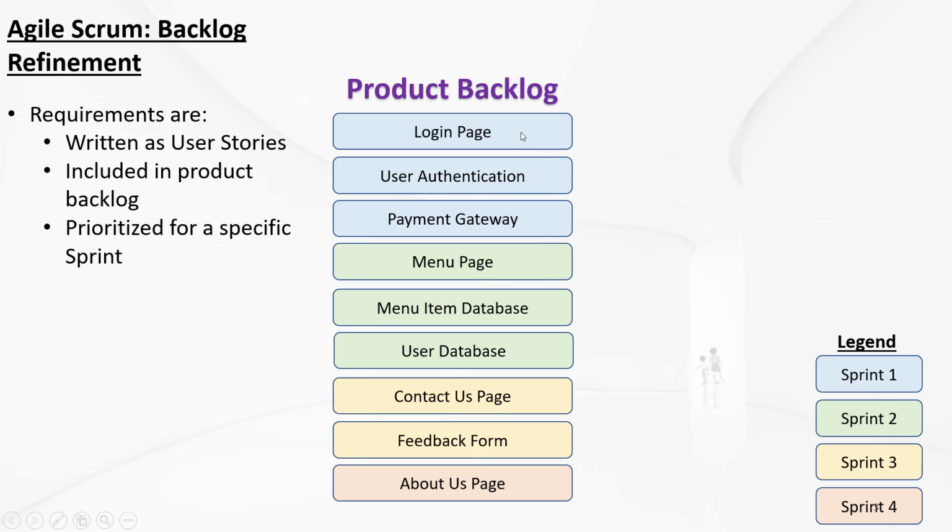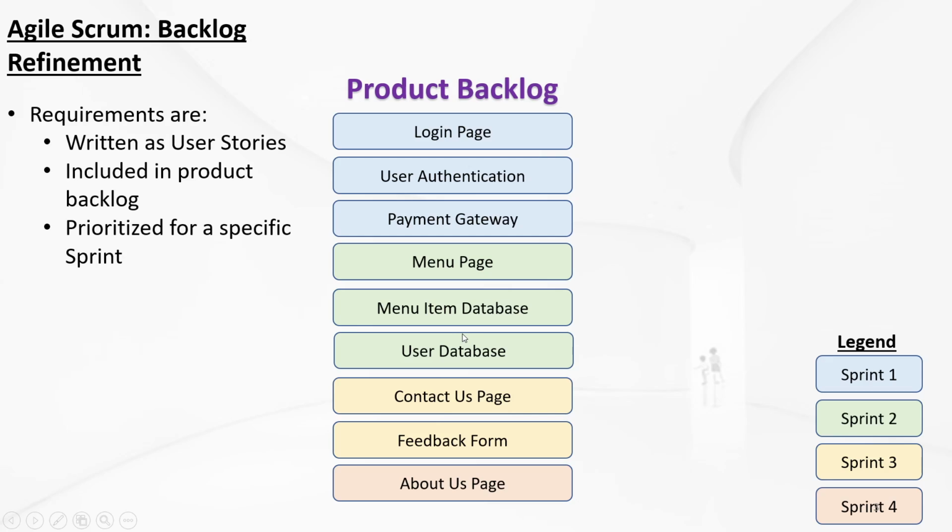In the cells that we are looking at, the first few cells, the payment gateway is prioritized together in the same sprint with the login page and user authentication user stories. While if you look further down, the user database is prioritized together with the menu page and menu item database user stories.